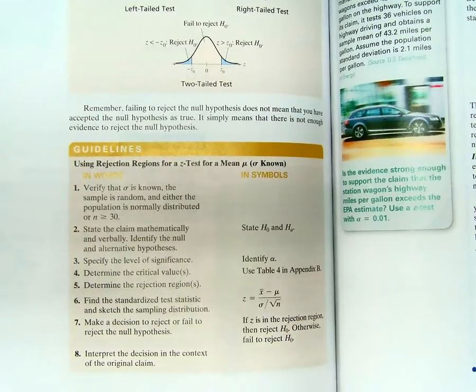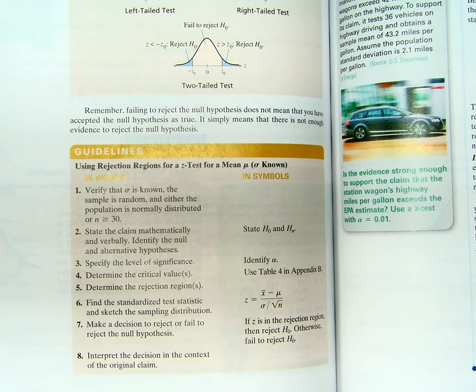Guidelines, yay! Okay, guidelines for rejection regions for a z-test when you know the standard deviation. Verify all that stuff we talked about, that we know the standard deviation, that the sample is random, that it's either distributed normally or that the sample size is greater than 30, right? Then know your null hypothesis and your alternative hypothesis.